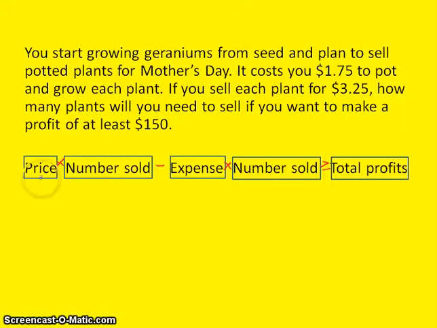So let's put the numbers now by each of the boxes. The price we're going to sell them at is going to be $3.25 times the number sold, which we don't know what it is.